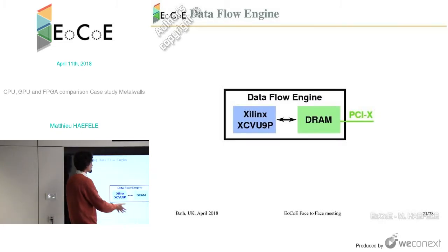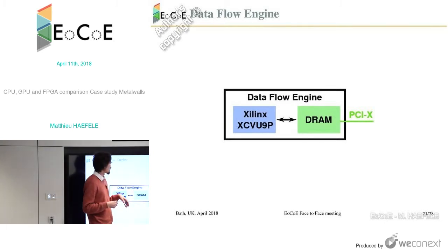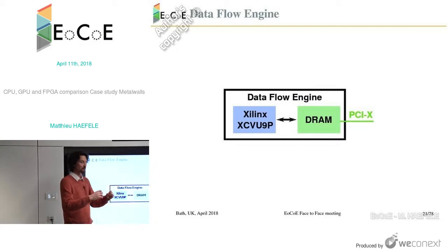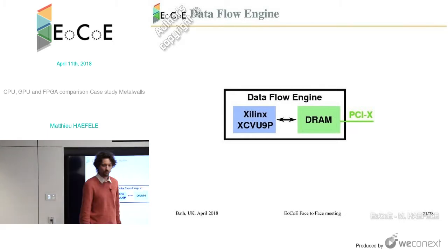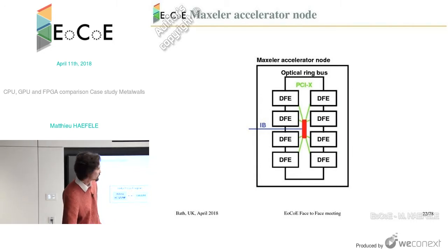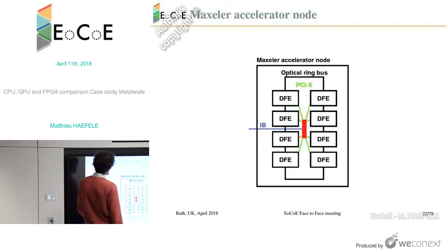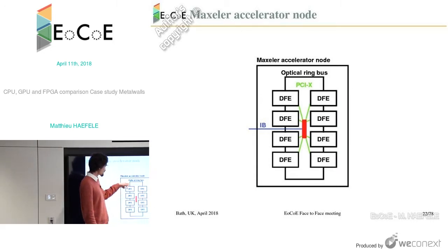But first, what's the kind of computing system that Maxeler is proposing? The idea is to have one FPGA connected to some RAM on one accelerating card, which they call a dataflow engine, DFE. This is connected with PCI Express. Then you pack 8 of these cards in one box.